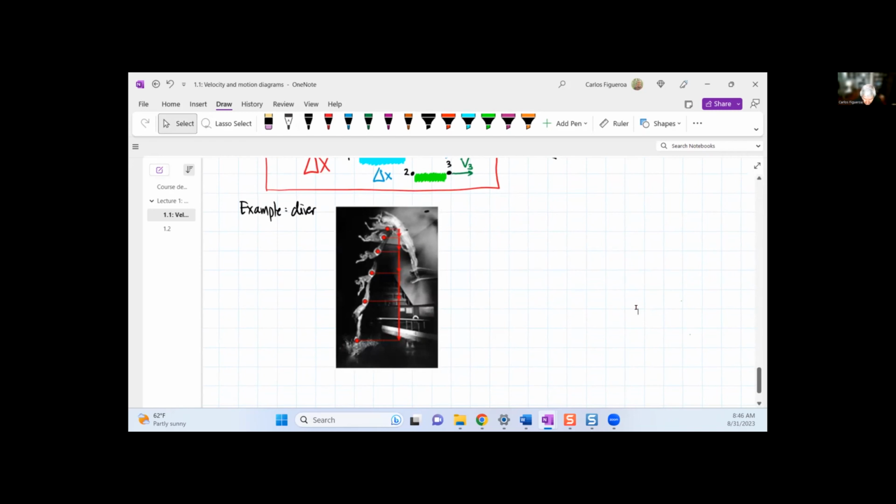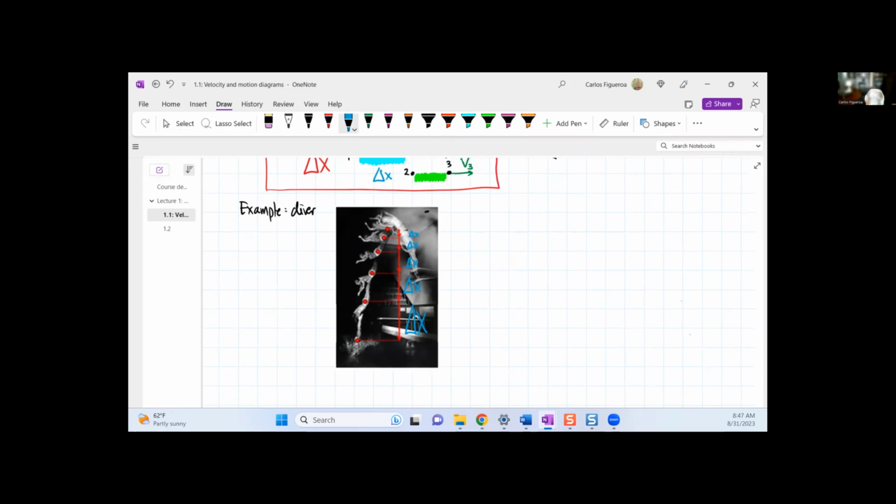What you're seeing here is that I tried to put the dots where the center of his white trunks is. If you look at the dot separation, that distance is small, but every split second, the separation between the dots is getting larger and larger.